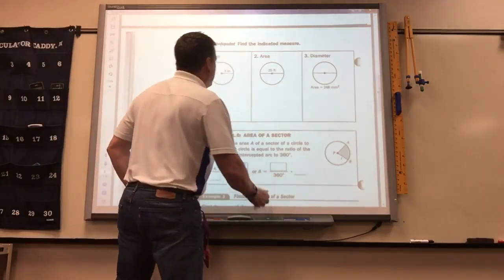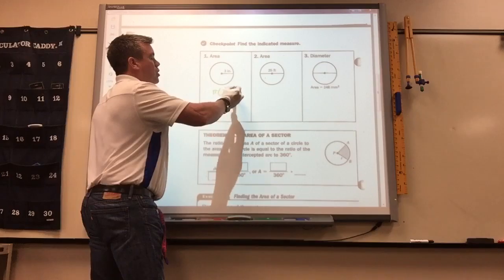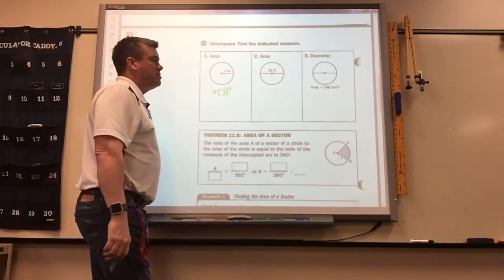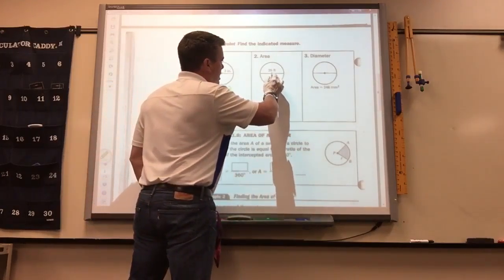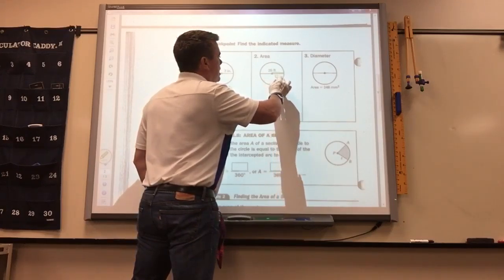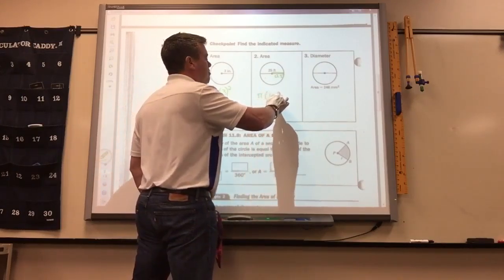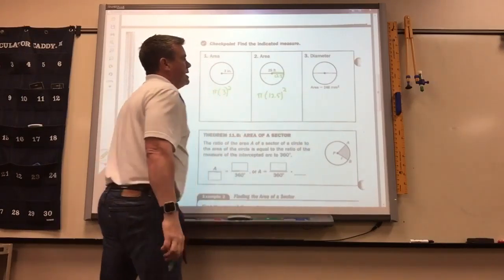So, area is simple. It's just pi times the radius squared. Round to the nearest tenth. Don't get fooled on this. This is the diameter, so remember you always got to use pi r squared. So the radius is 12.5, so it's pi times 12.5 squared.